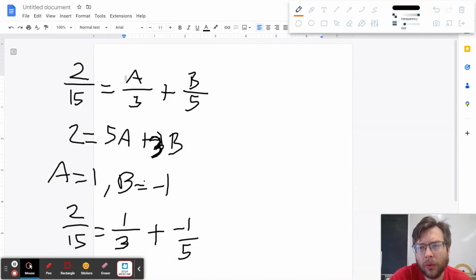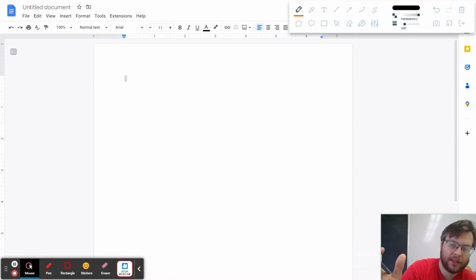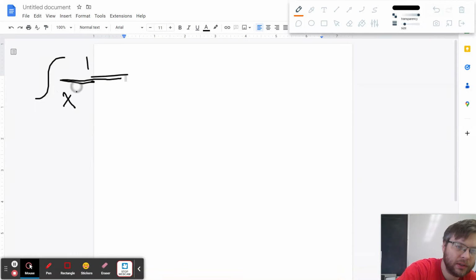What we're really doing is using this idea that it works with numerical fractions to solve integrals that don't look solvable at the beginning. So if I have 1 over x squared plus 7x plus 12, sorry, my screenwriting is being annoying, I apologize.